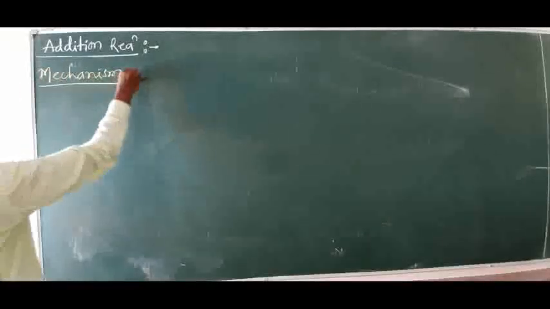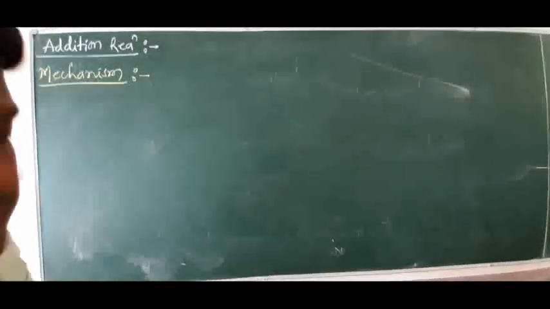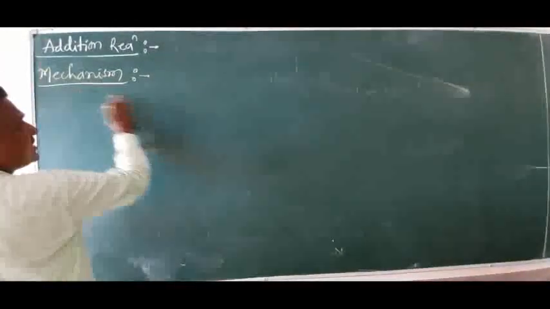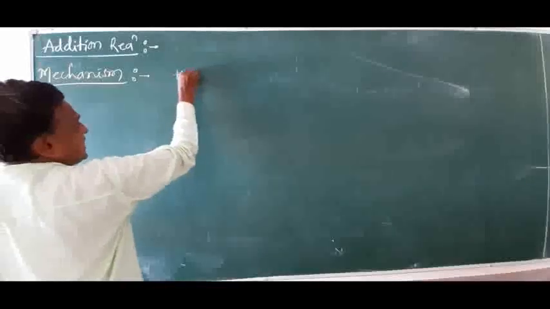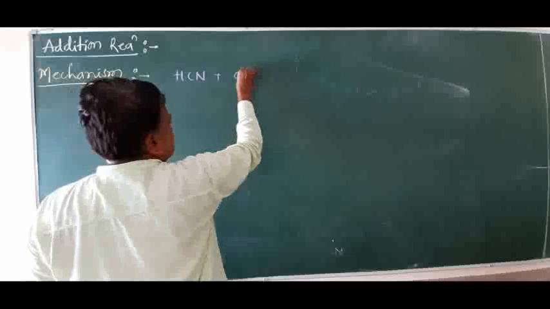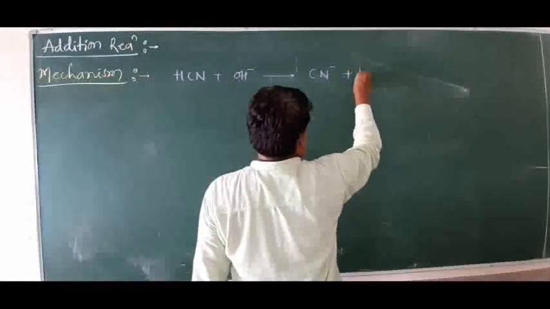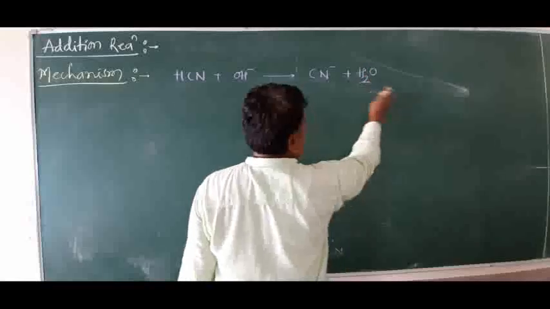Yes, in this mechanism we have 2 steps. The first step is a slow step, or the rate determining step. In this reaction, hydrocyanic acid HCN reacts with OH minus to form CN minus.